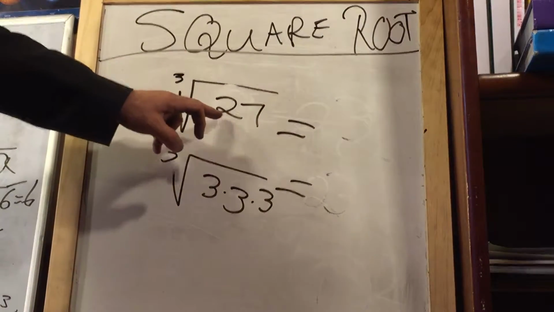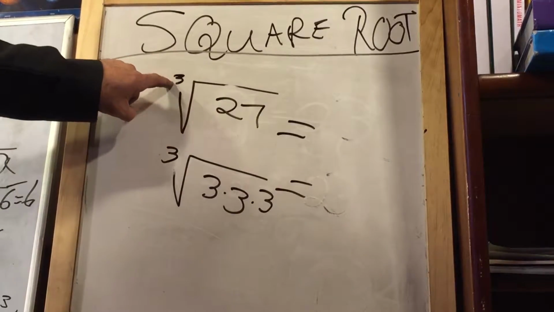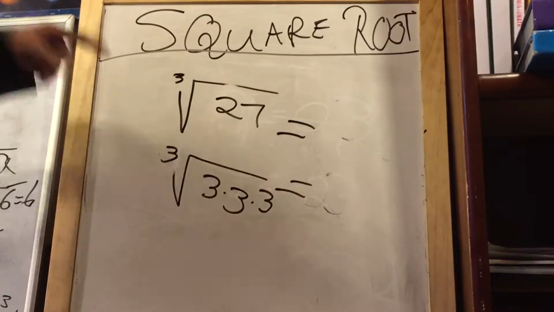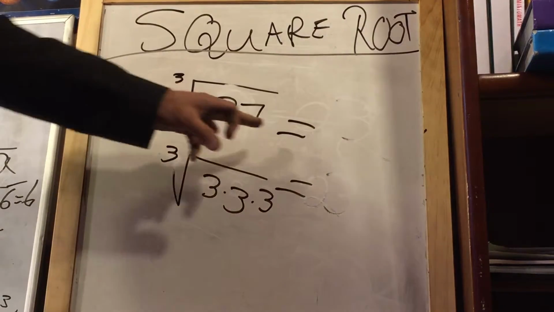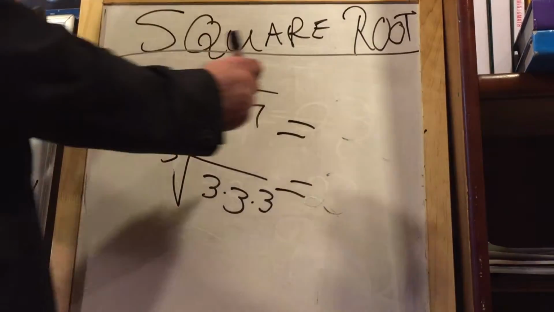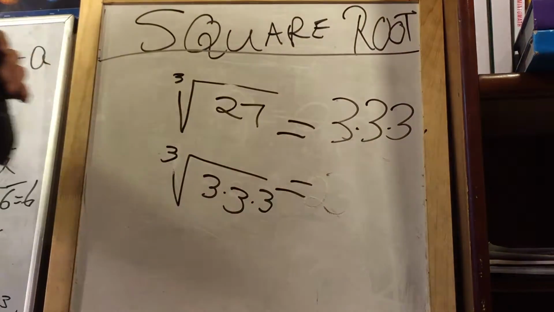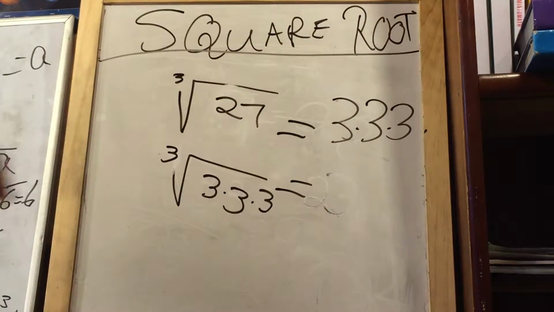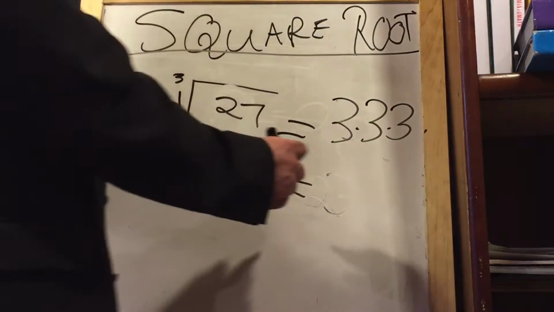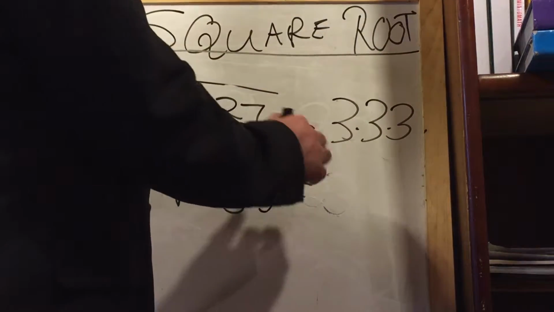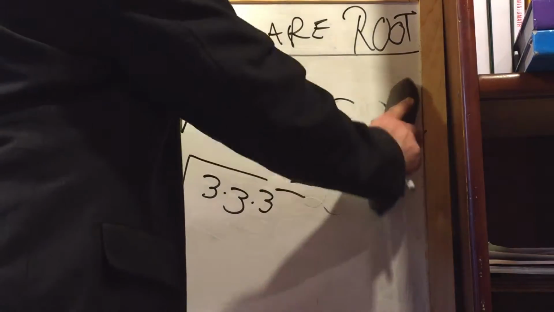It is 3 times 3 times 3, because that equals 27. So the cube root here is 3.